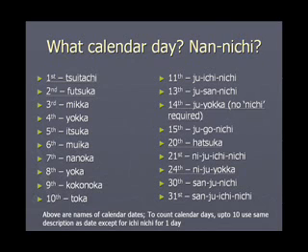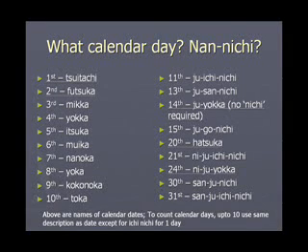As you can see, the dates are following the Japanese numbering system, even though the months follow the Chinese numbering system. As is the nature of the Japanese counting system, after 10, we shift to the Chinese counting system. 11th is called Juichi-nichi, 12th is Juni-nichi, 13th will be Jusan-nichi, and so on.